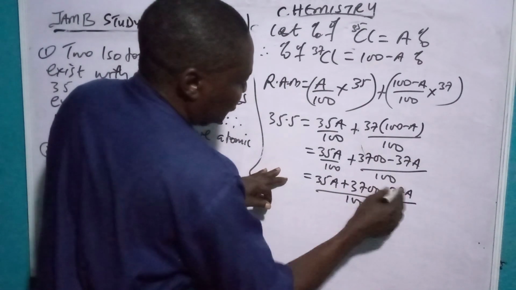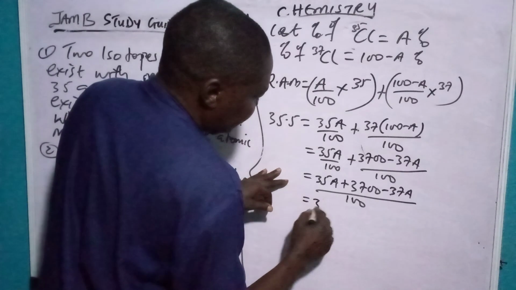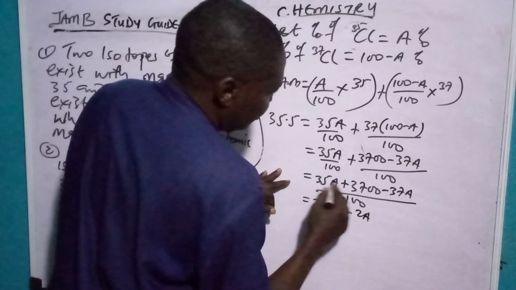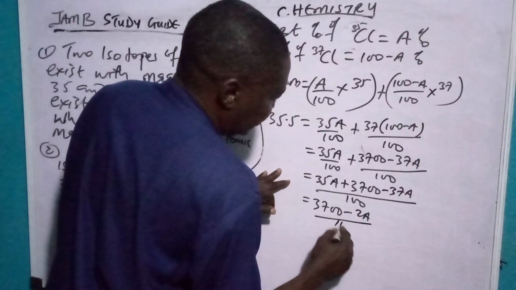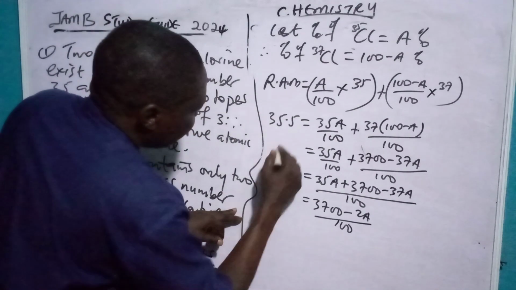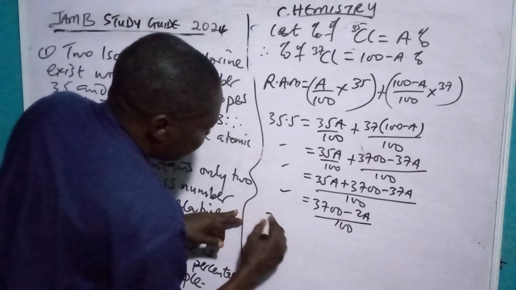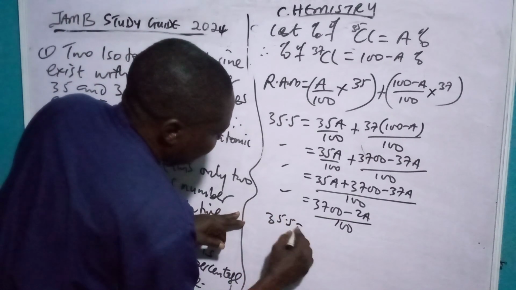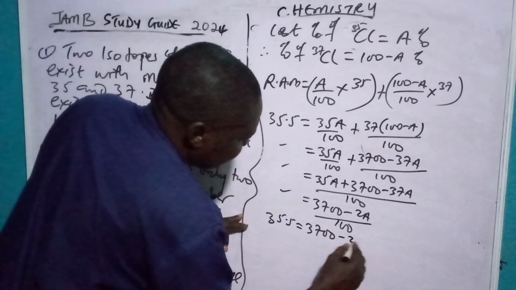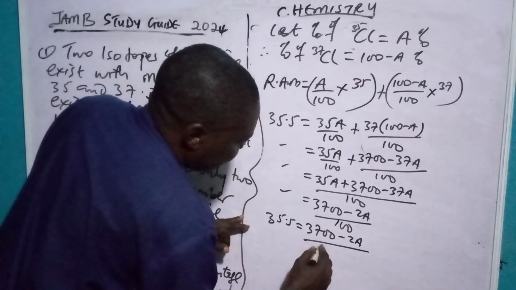Then you subtract this from this, and it now becomes 3700 minus 2A, all over 100. So 35.5 equals 3700 minus 2A over 100.